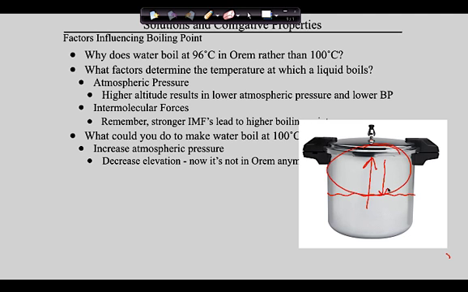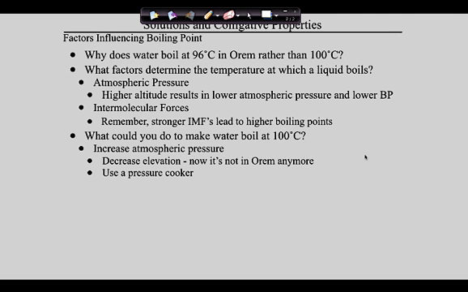You get the idea? And guys, that's why you put your glass jars in there. It allows the water to go to a higher temperature, which kills more of the germs. Yeah? So the other thing that we could do is use a pressure cooker, and a pressure cooker would also increase the boiling point of the water.